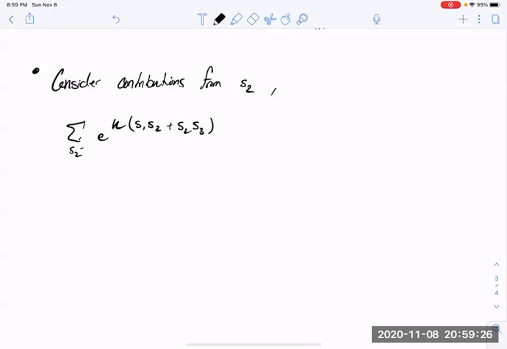Now S2 as a spin can be plus or minus 1. This is a sum we can do. It's not so hard. We've done this sum a bunch of times. We get twice hyperbolic cosine K times the quantity S1 plus S3.